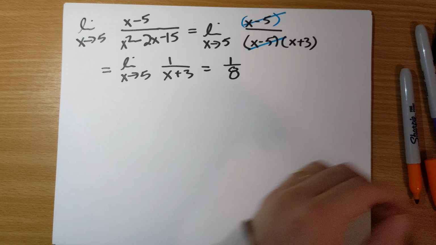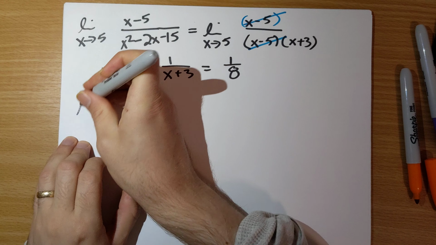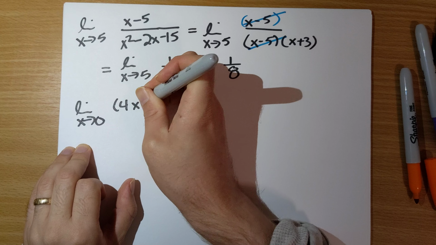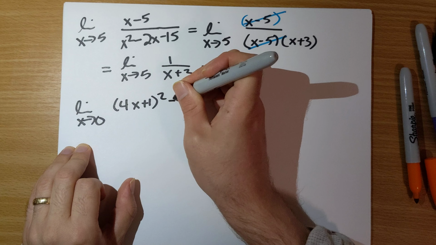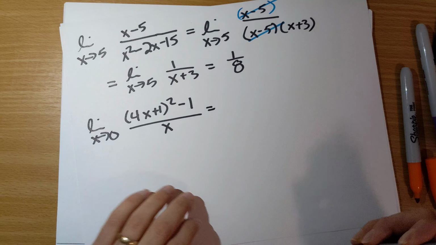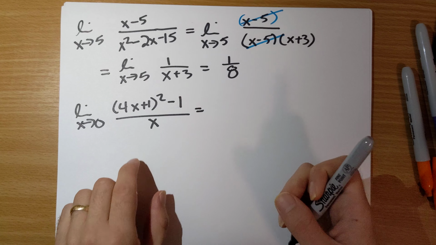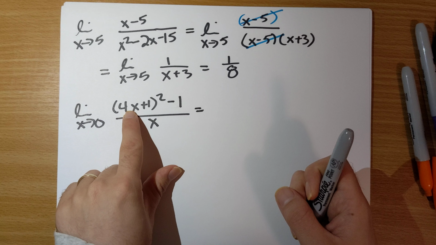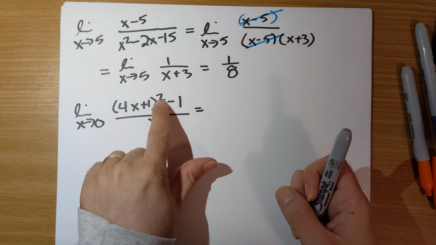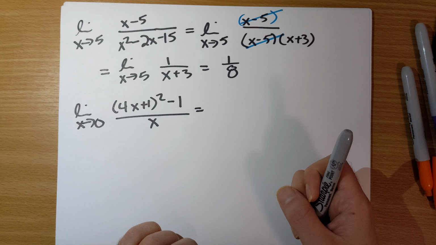For problem number 6 here, now we need to evaluate this limit. That's the limit as x goes to 0 of 4x plus 1 squared minus 1, all of this over x. If we plug in x is 0, we get 4 times 0 is 0, plus 1, so 1 squared minus 1 is 0, over x is 0.